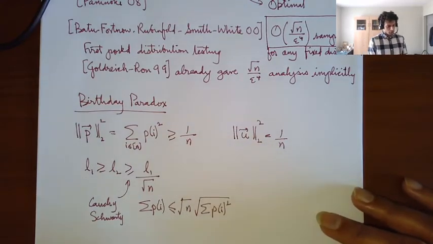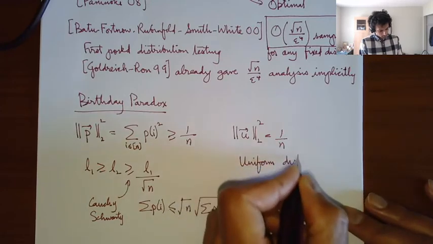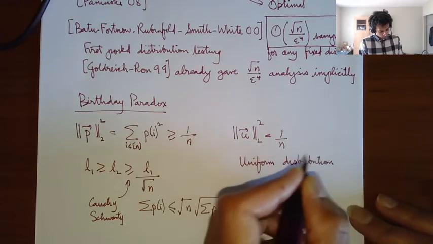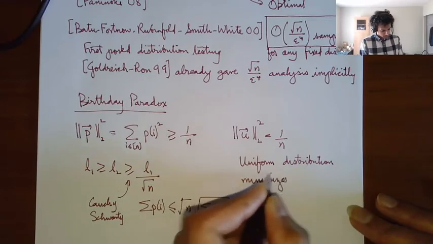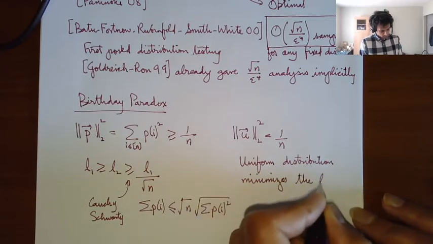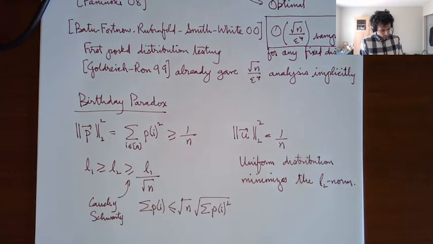So the uniform distribution minimizes the L2 norm. And this is going to be very useful for us.